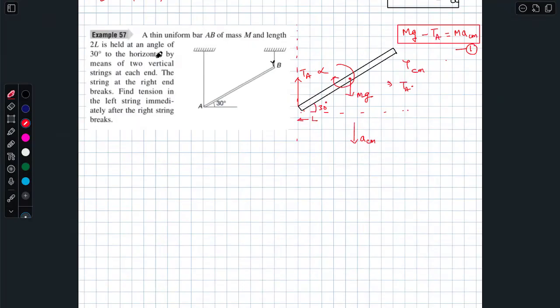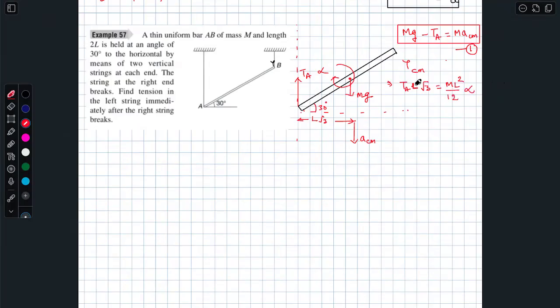You said 2L, actually. L root 3. అంతే కదా, 2L cos 30, L root 3. T_A times L root 3 is equal to torque, is equal to I alpha, ml square by 12.